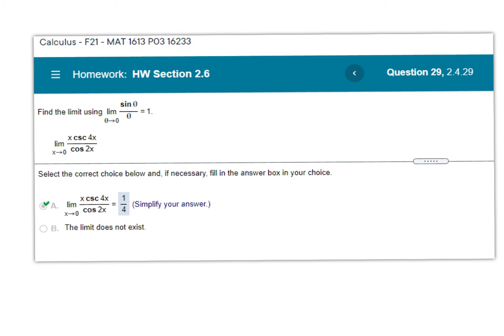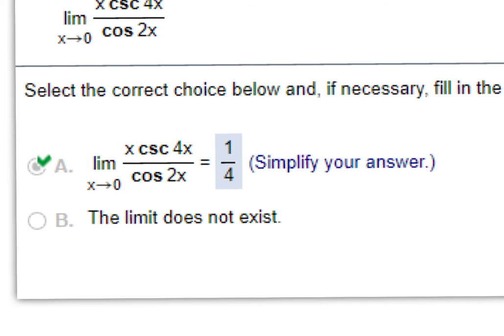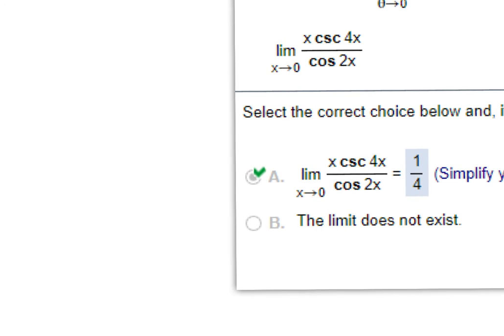So how am I going to manipulate it? How am I going to make it look different? Well, I'm going to write everything in terms of sine and cosine, meaning if there's a trig function in there that is not sine or cosine, I want to rewrite it. Okay, here's a few identities you should recall. And you won't really need a lot of this knowledge for the test.